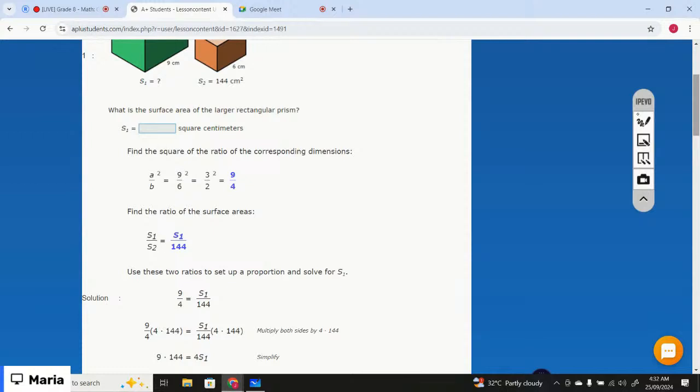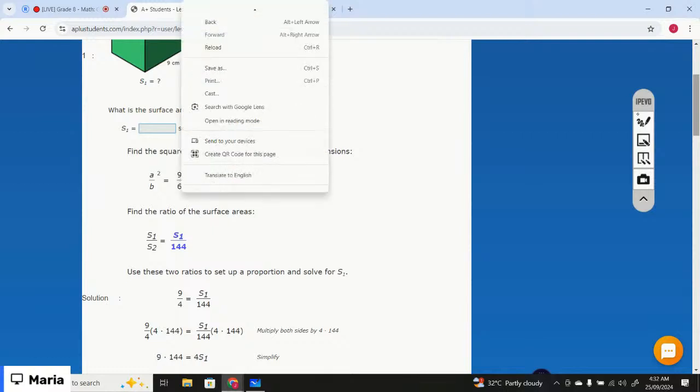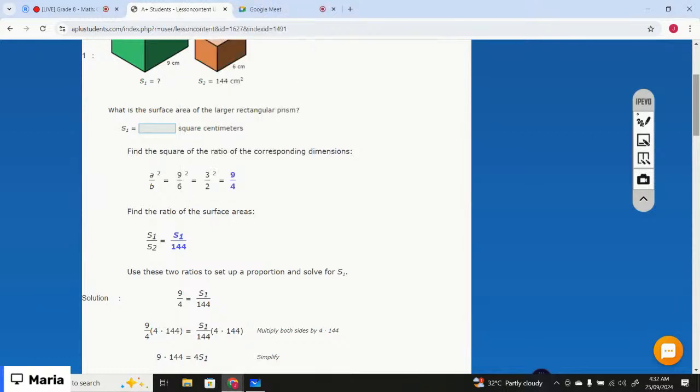So first you have to find the square of the corresponding dimension, that is the sides 9 and 6, right? So you have to calculate their squares. 9 square divided by 6 square, right? And the ratio of the surface area is 9 over 4 equals S1 divided by 144, right? Just solve this for the S1.